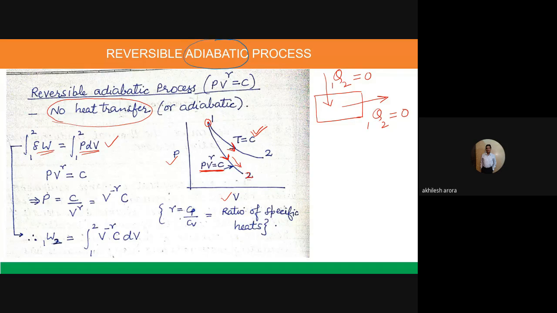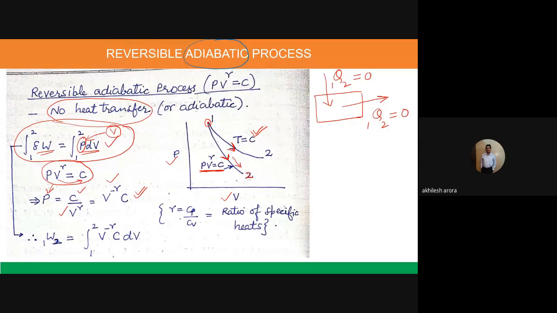Now you see in this equation there is P, and this P is to be replaced by V. We know the relationship between P and V, so we want to replace this P by V. From here, I will calculate the value of P. Now P will be equal to C divided by V raised to power gamma, and if I take it in the numerator, it becomes V raised to power minus gamma into C. Now this is what I can put in this particular equation; here I can use this value of P.